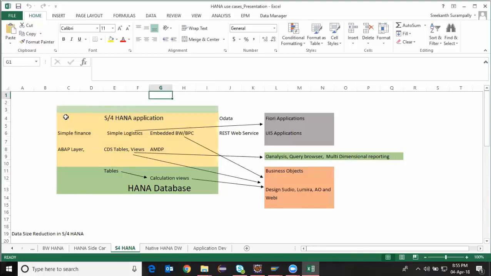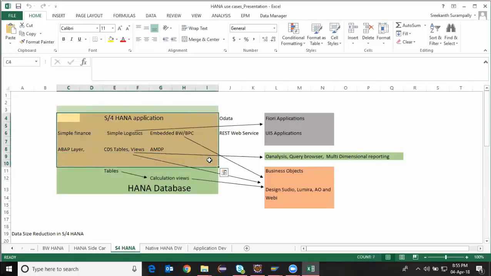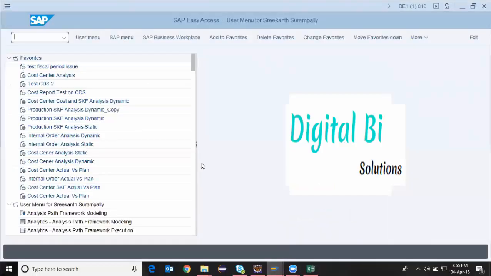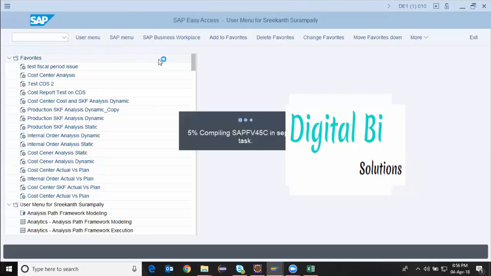So the S4 system is going to be something like this. You will have a database, and you're going to have an ABAP application, which means this is my S4 system. You don't see any difference. Whatever you saw before, you're going to see the same thing even after moving to S4.